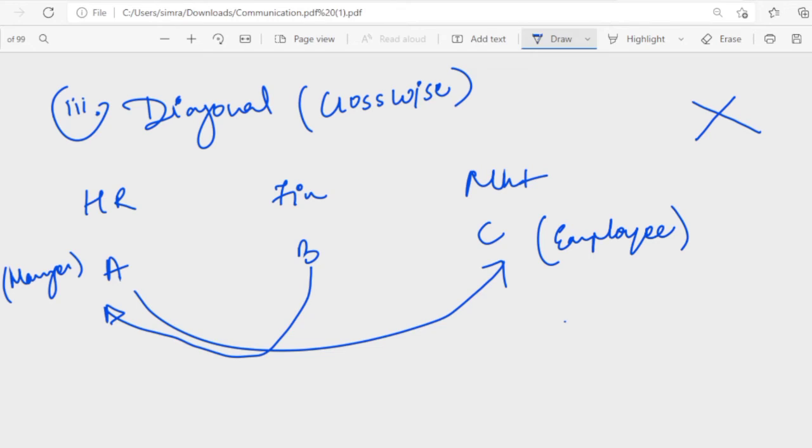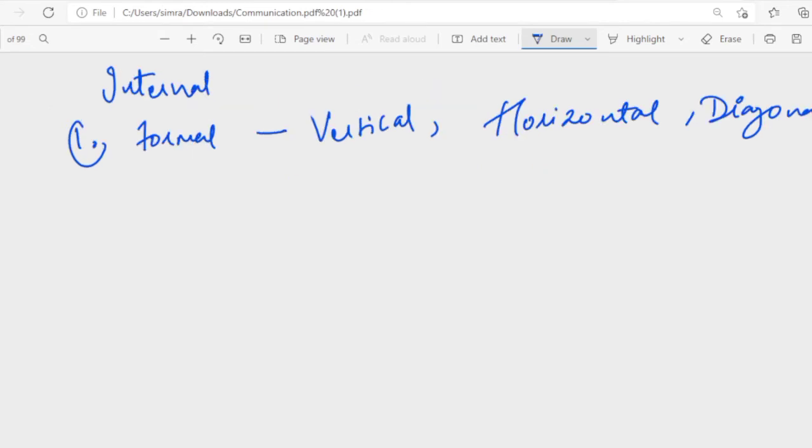In vertical, a professor will talk to a student, a student will speak with a professor. In horizontal, one student will talk with another student, one professor will talk with another professor, one manager is going to speak with another manager. In diagonal, one manager will talk with another employee.